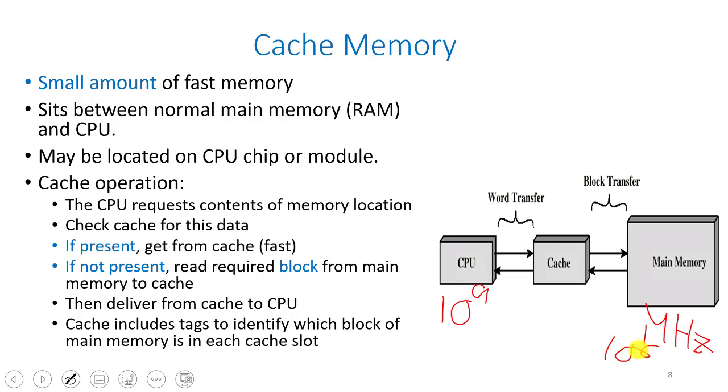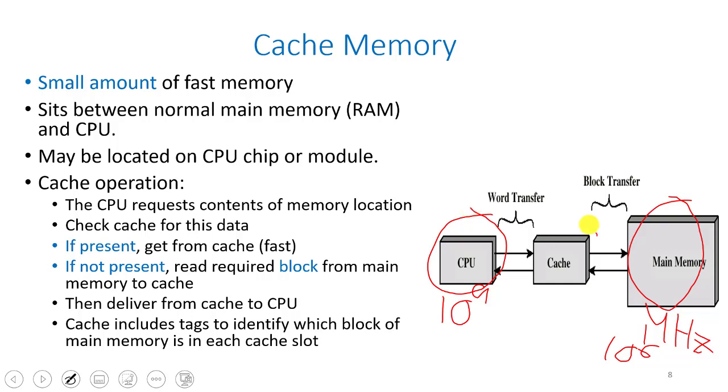So this makes the main memory very slow compared to our CPU. This will make a bottleneck. What's a bottleneck? This bottleneck means that the CPU is asking for information, but the main memory does not have enough speed to give that information.